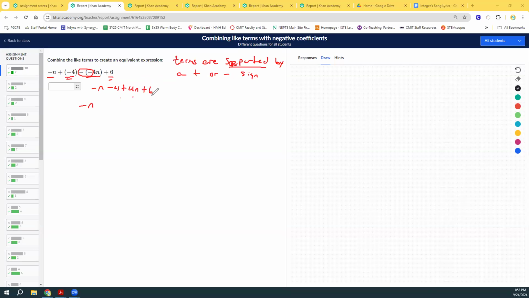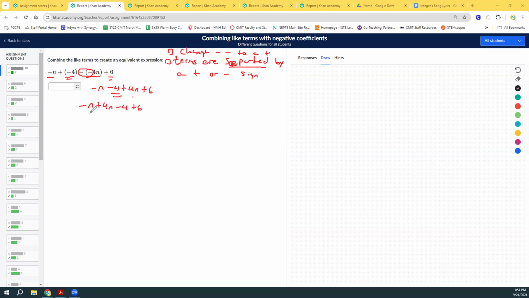All right, so this is my criteria, right? Change two negatives to a plus where it applies. So -n plus 4n, then the -4 plus 6. Okay, we're getting there. Now I have my like terms next to each other.